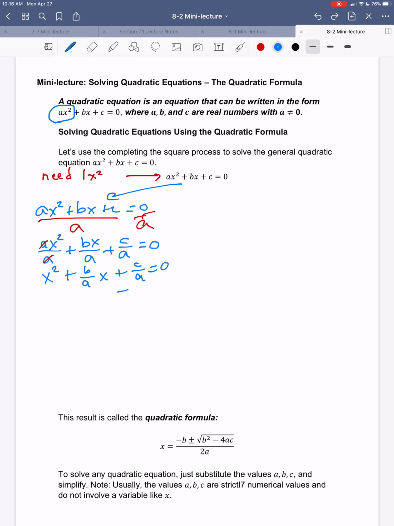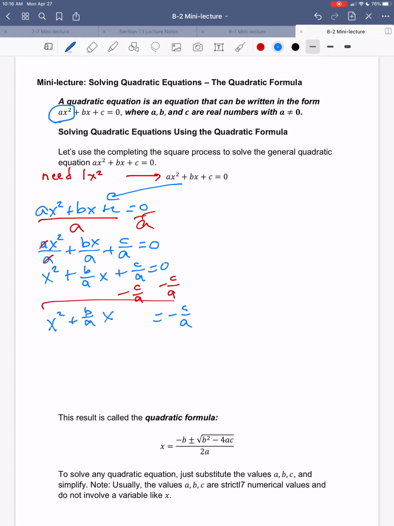Let me write that in red. So I'm going to subtract c over a from both sides of the equation. So that leaves me with x squared plus b over a x equals 0 minus c over a. That would be negative then, negative c over a.